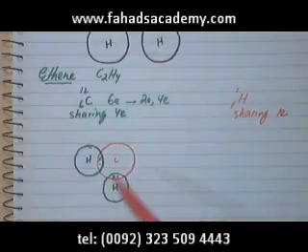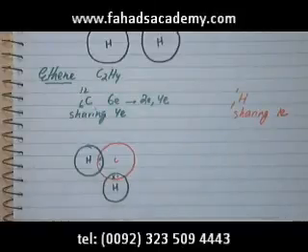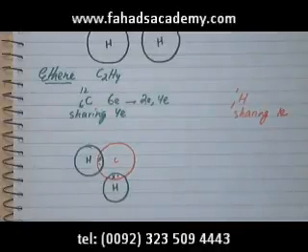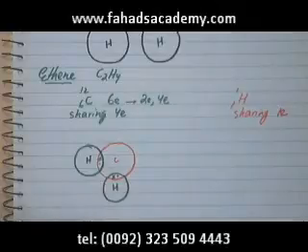The hydrogens have completed the outer shell. They wanted to share 1 electron. They have been able to share 1 electron. The problem is with this carbon now, it needs to share how many electrons? It needs to share a total of 4 electrons. It has only shared 2 electrons right now.